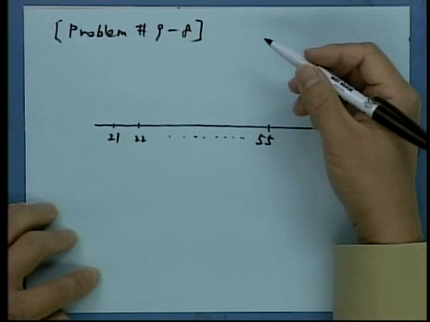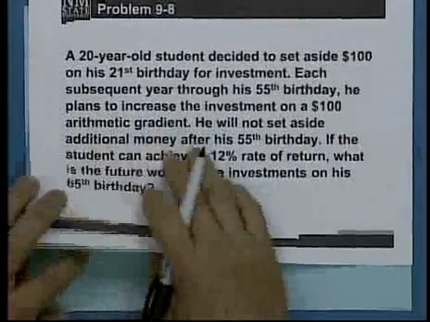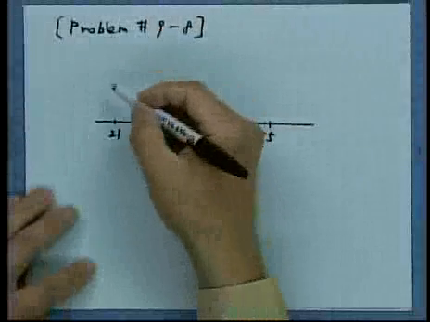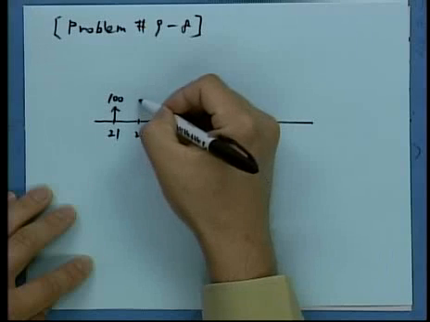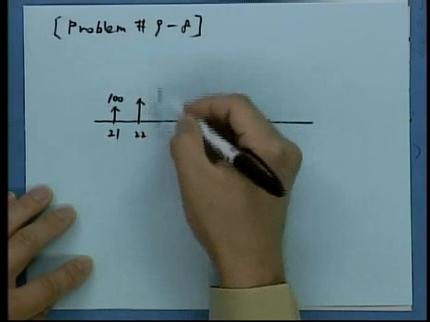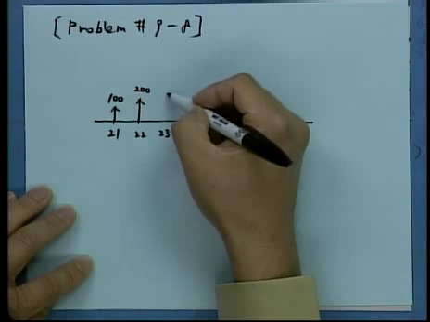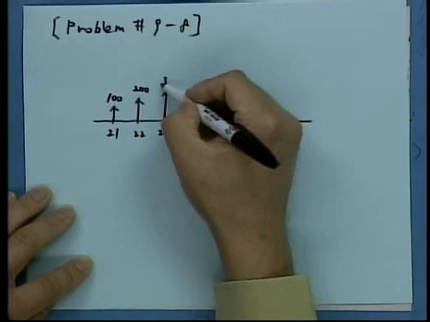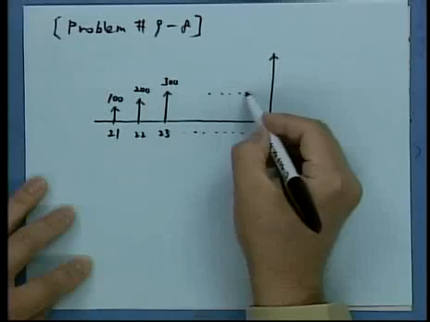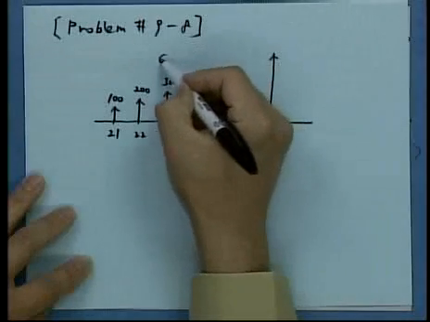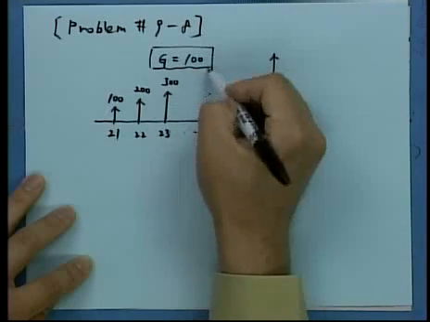And he plans to increase the investment on a $100 arithmetic gradient. So here we have 100, and on his 22nd birthday it's going to be 200. On his 23rd birthday it's going to be 300, and so on. Here the arithmetic gradient is $100.